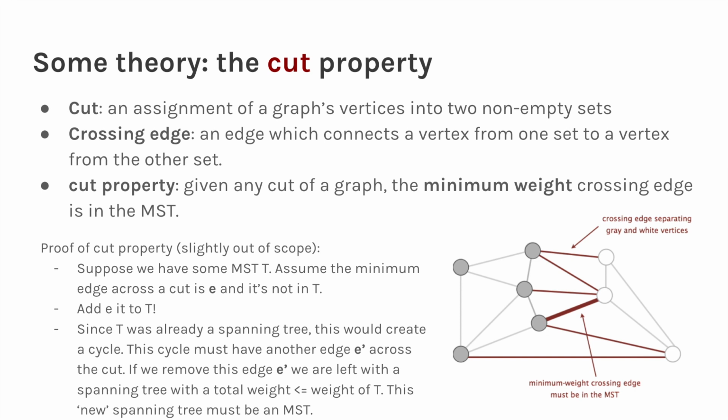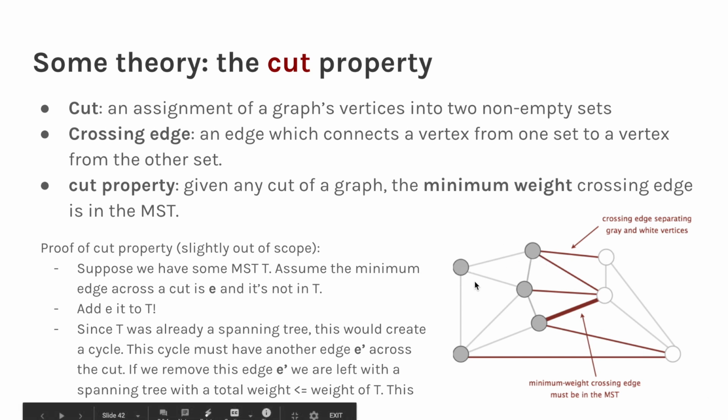And then the cut property is the fact that given any cut of a graph, the minimum weight crossing edge is in the MST. So that's a pretty powerful statement. It's saying if you come up with any cut, so like we have a graph, this node could be in one set, and all the other vertices could be another set.